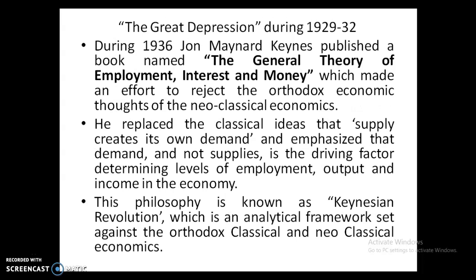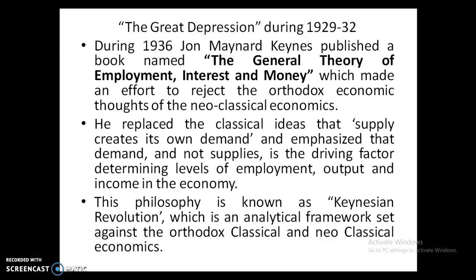After that, during 1929 to 1932, there was a Great Depression in the European economy. During that depression, the application of both classical as well as neoclassical thoughts became invalid.